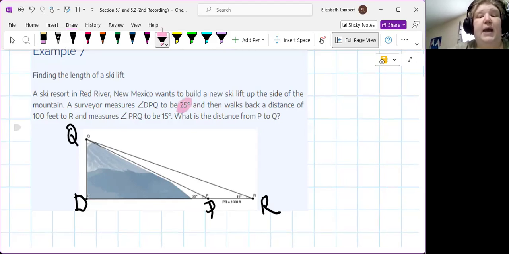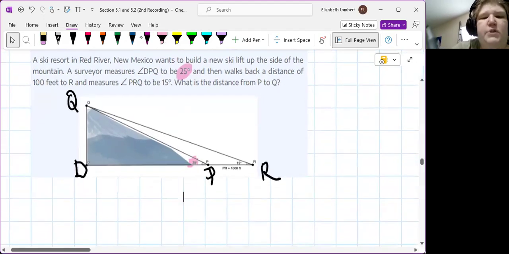Use a little highlighting here. Then he walks back 100 feet, which, our drawing and what the words say do not match. Yay, textbooks. So we are going to go with the words over the drawing.